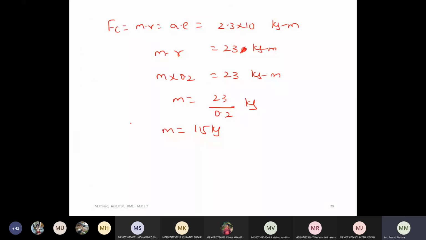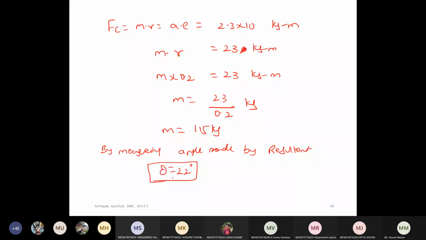By measuring the angle made by the resultant, we are getting theta around 22 degrees. Okay, and mass is around 115 kg, and balancing radius of rotation is 0.2 meter. This is the resultant we are getting from the graphical solution.